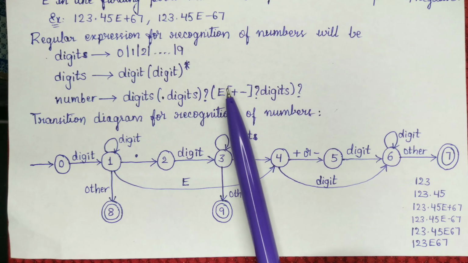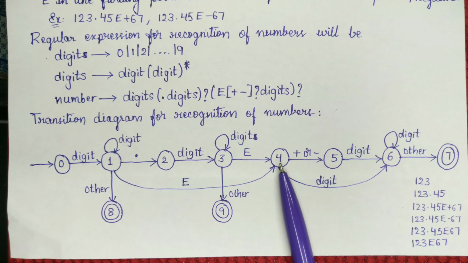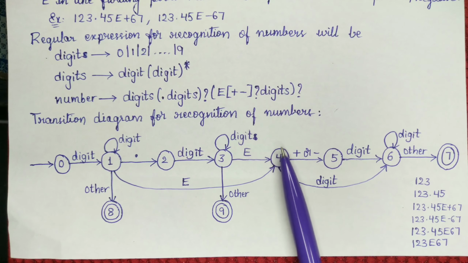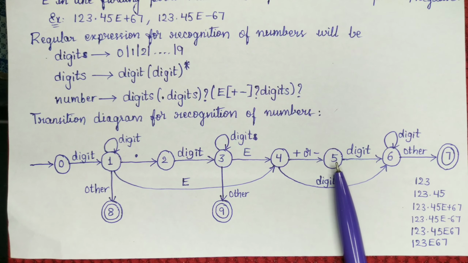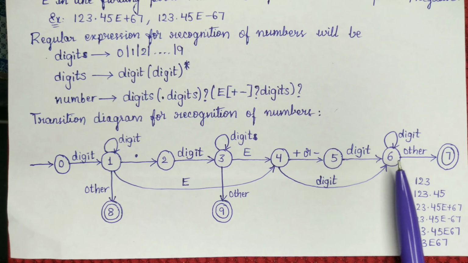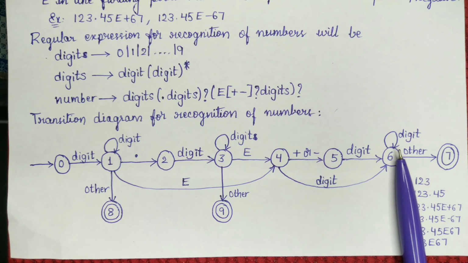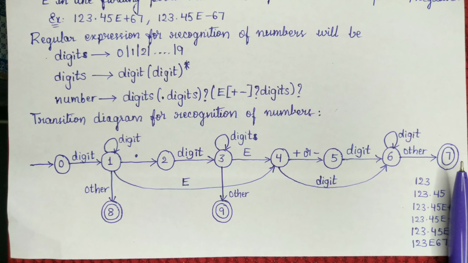And next E. Apply this E on state 3 to produce state 4, and plus or minus on state 4 to produce state 5. And then digits: a digit on state 5 to produce state 6, and remaining digits as a self loop, and other on state 6 to produce the final state 7.